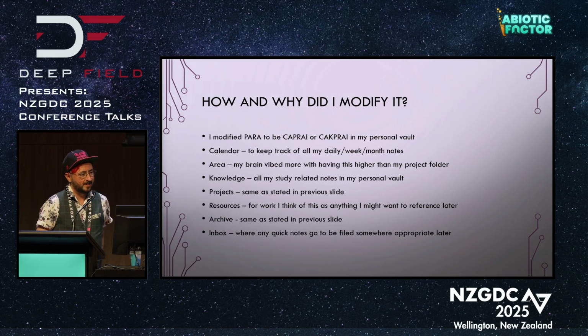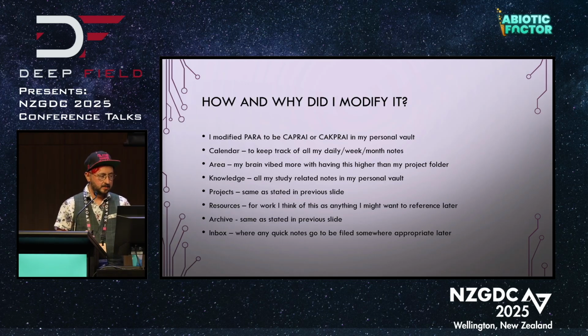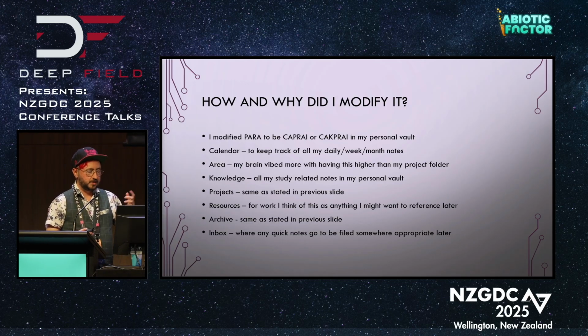Now, how and why did I modify it? Well, I modified PARA to be CAKPARE in my personal vault. So I added a calendar folder, which was just to keep track of all my daily, weekly, and monthly notes. I added a knowledge folder in my personal vault for all my study-related stuff.